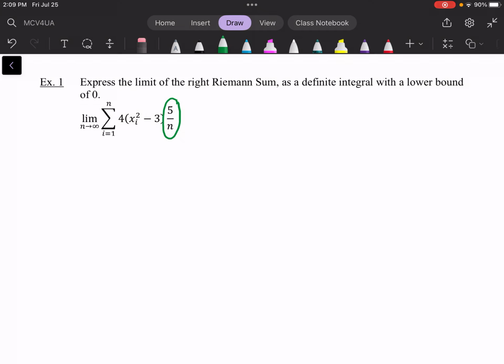So that means your value of b minus a over n is equal to 5 over n.